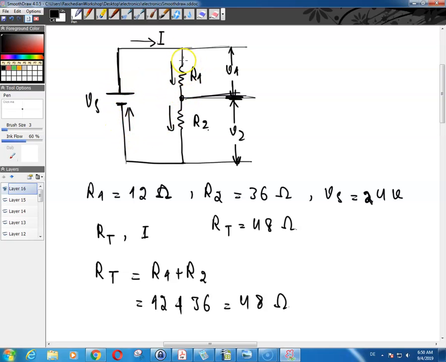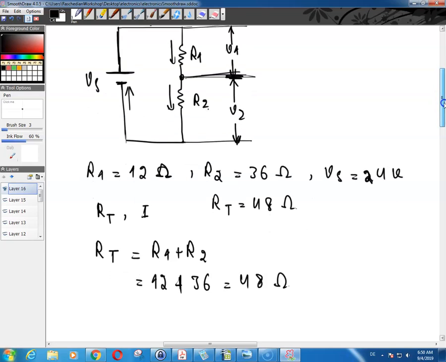What that means is, suppose that you had, for example, 10 resistors over here.